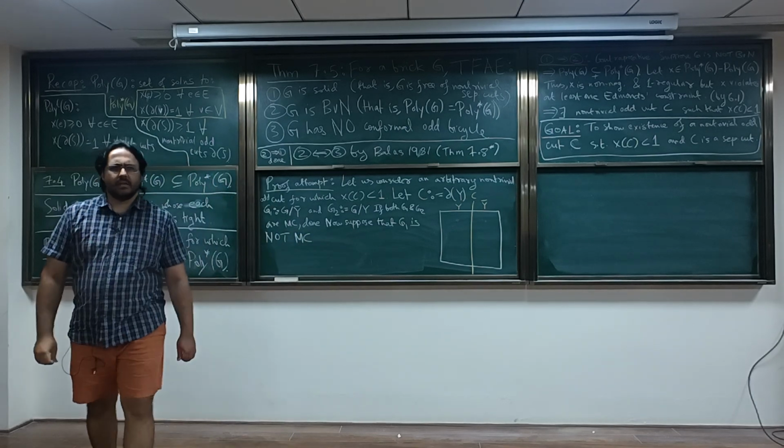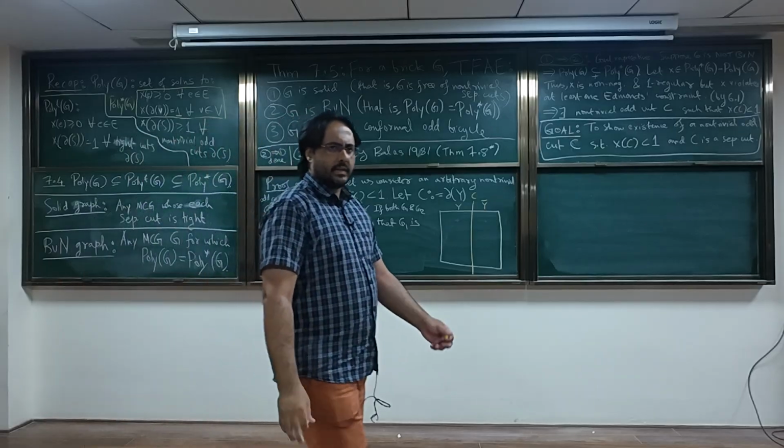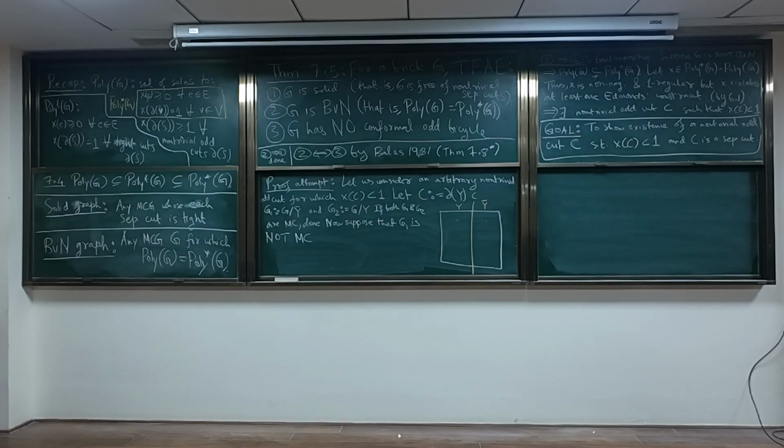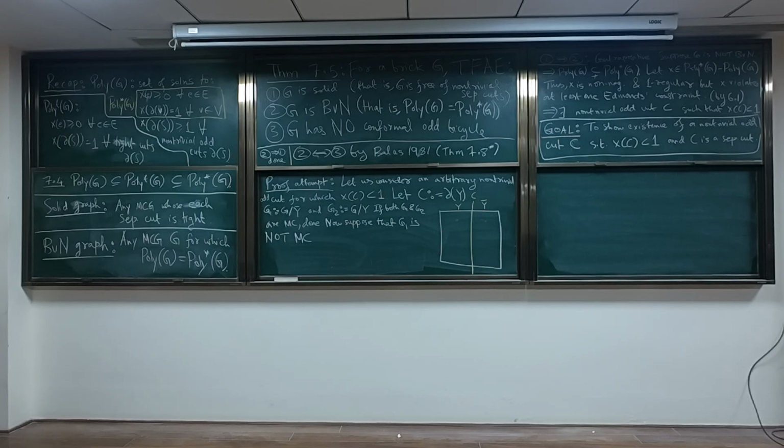Is G1 connected, or can it be disconnected? Connected, right? If G1 is disconnected, then G will be disconnected. You've just shrunken a set of vertices into a single vertex.